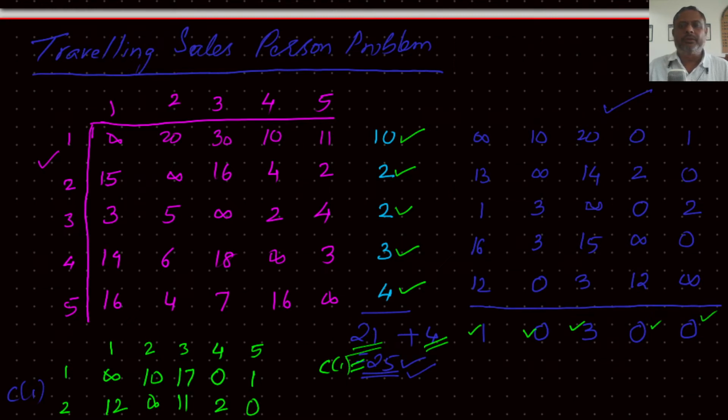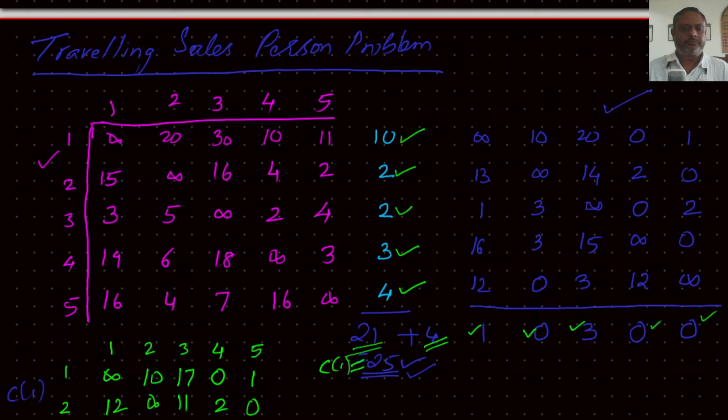Back to the next one, 1 to 4. Same thing repeated. First row infinite, fourth column infinite, then find the minimums row wise, all are 0. Find minimums column wise, all are 0. So C dash is 0.